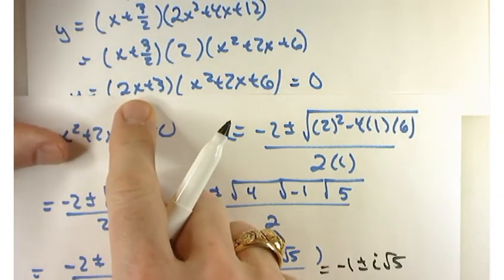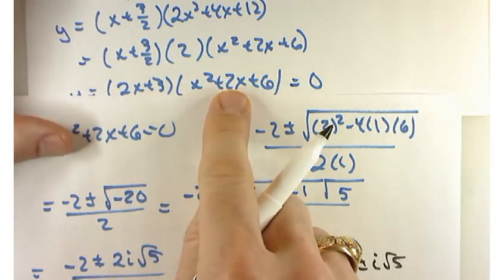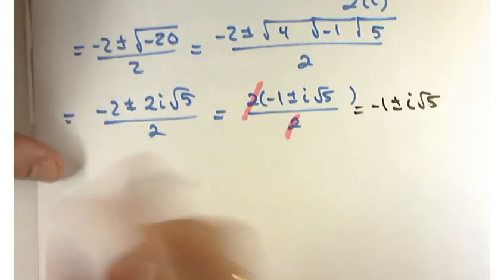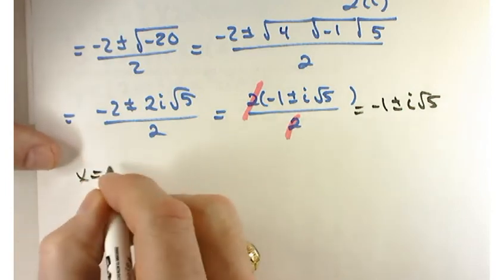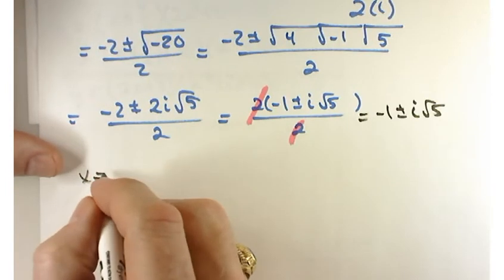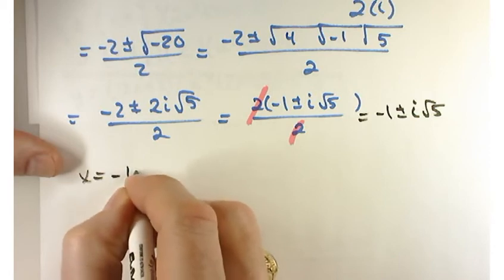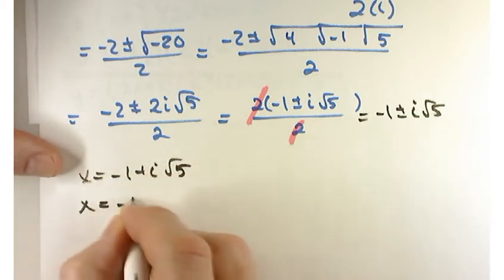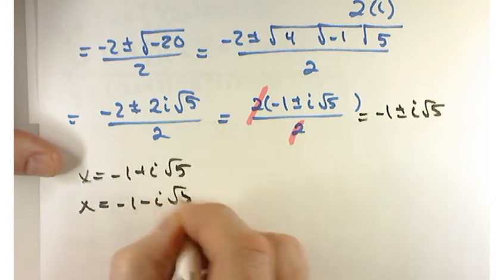So one of our factors was 2x plus 3. The other ones come from this term and these binomials. So we have x equals -1 plus i square roots of 5, and x equals -1 minus i times the square root of 5.